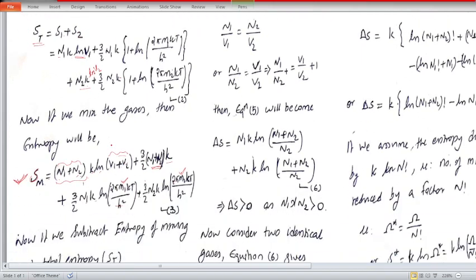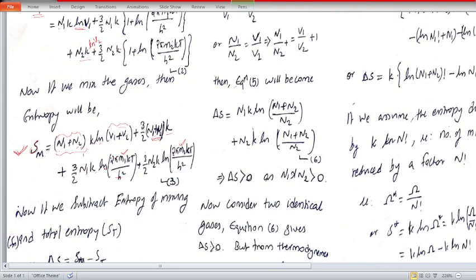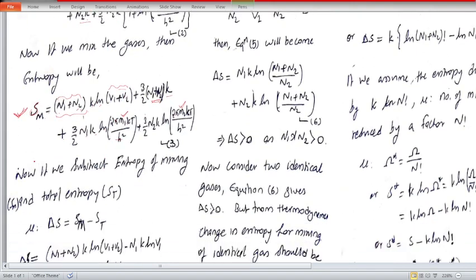After that we remove the barrier and mix the two gases. Then after mixing, the entropy becomes Sm equal to n1 plus n2 k ln v1 plus v2, plus 3 by 2 n1 plus n2 k, plus 3 by 2 n1 k ln 2 pi m1 kT by h square, plus 3 by 2 n2 k ln 2 pi m2 kT by h square.